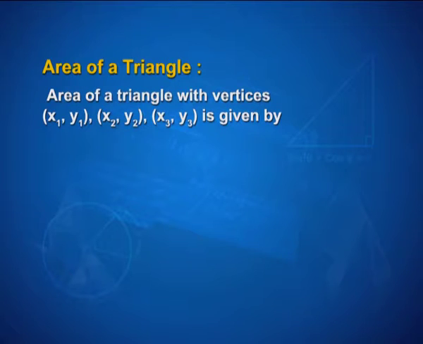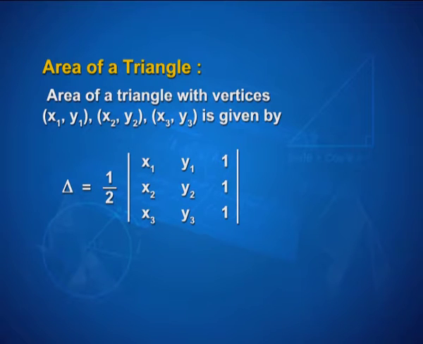Now, students, let us learn how to calculate area of a triangle using expansion of determinants. Area of a triangle with vertices (x1, y1), (x2, y2) and (x3, y3) is given by determinant is equal to half of determinant x1 y1 1, x2 y2 1, x3 y3 1.